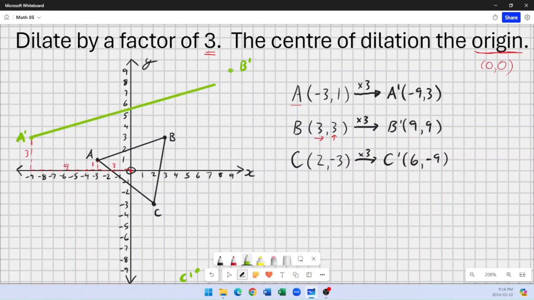Going to B, then going down to C, and then going over back to A. Just like that. You can see that with the dilation, our object has now gotten bigger. Our image is going to be 3 times larger from the center of dilation.